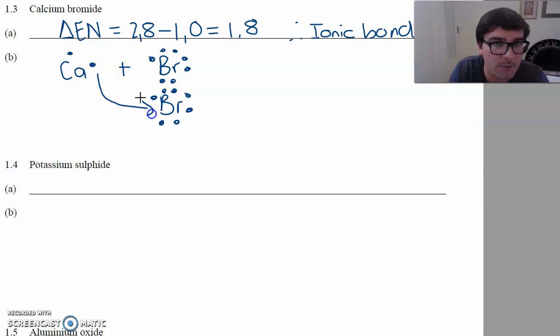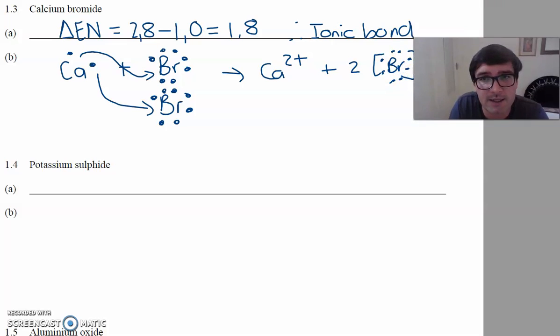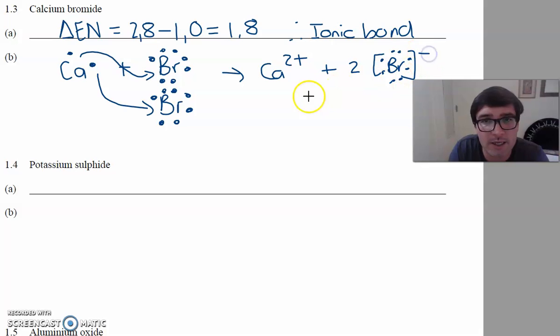So that would be our transfer, and that will lead to the formation of a calcium ion and 2 bromide ions, which then will finally be attracted and bonded in an ionic lattice where you've got calcium 2 plus and then 2 of your bromide ions.